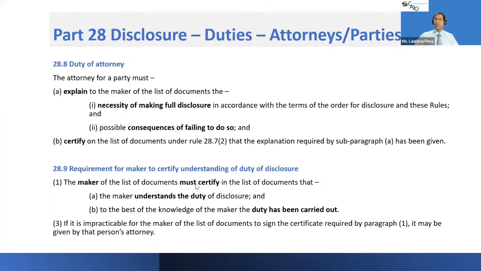The maker, you must certify you understand and the duty has been carried out. All the certification that we spoke about, statements of claim, defenses, acknowledgements of service, all of these certifications save time and cost because this is a form of attestation of going to truth, as Sir Dennis spoke about.